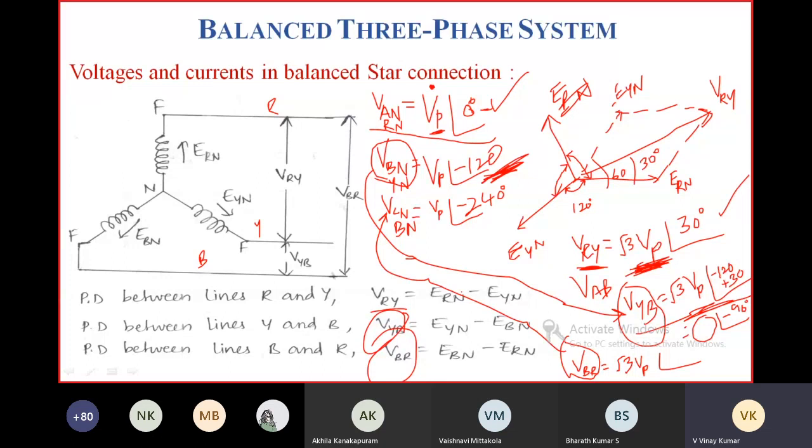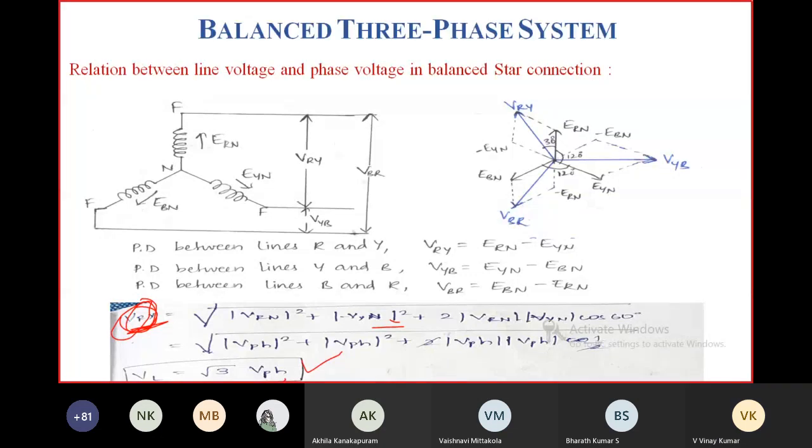So root 3 VP at an angle minus 240 plus 30, then root 3 VP at an angle minus 210 degrees. Okay. VL is root 3 times VP.